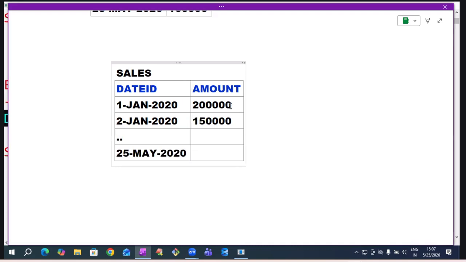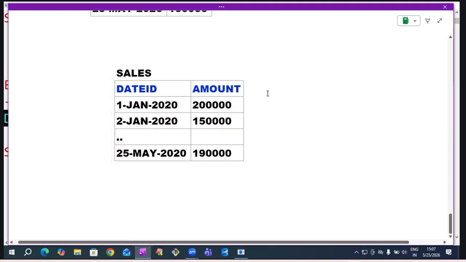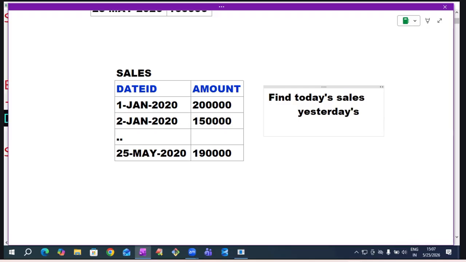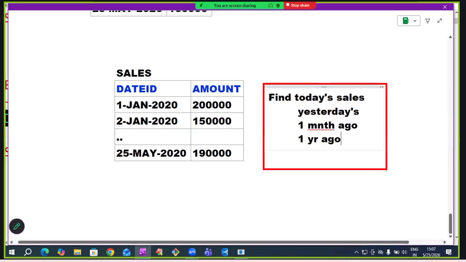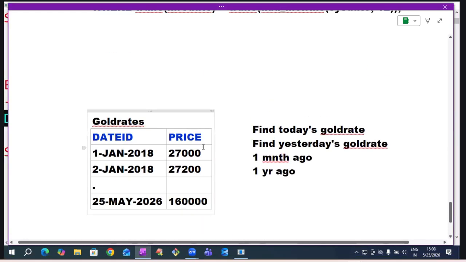Find today's sales. Find yesterday's sales. Find 1 month ago sales. Find 1 year ago sales. Same model, data is different. So this kind of question will be there in the interview, sir.